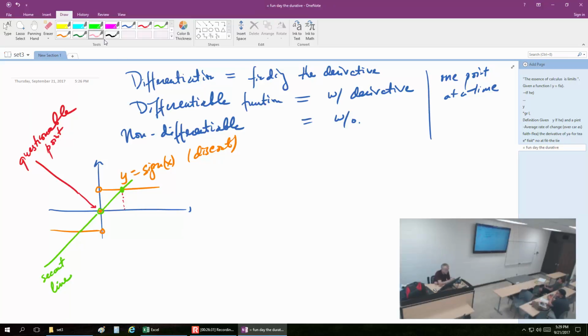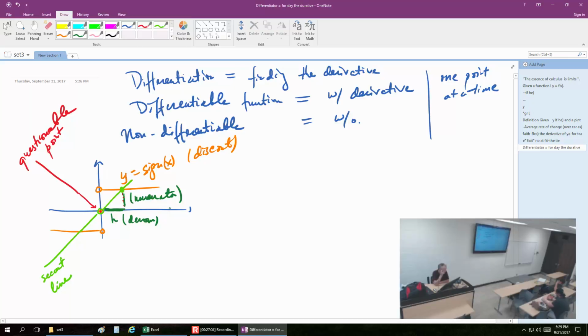This is my h, the denominator of my difference quotient, while this is the numerator of the difference quotient.